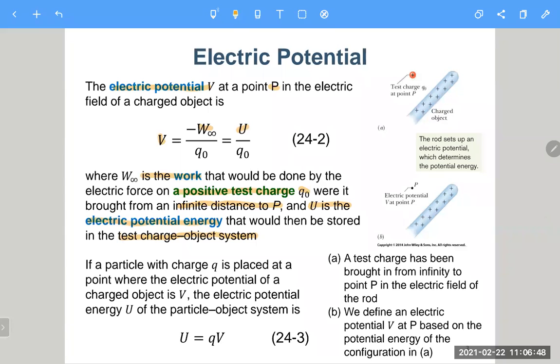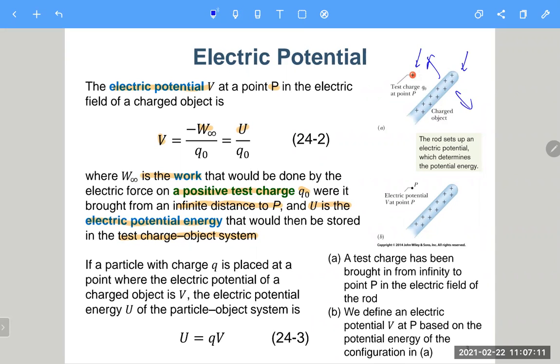Which means that in this figure, you can imagine, first of all, you ignore this test charge, and then we have a charged rod with positive charge. So it will generate an E field in the space, something like this.